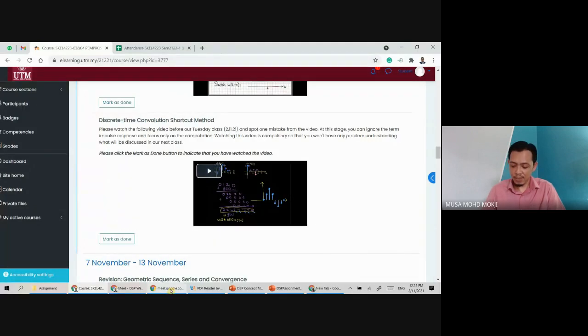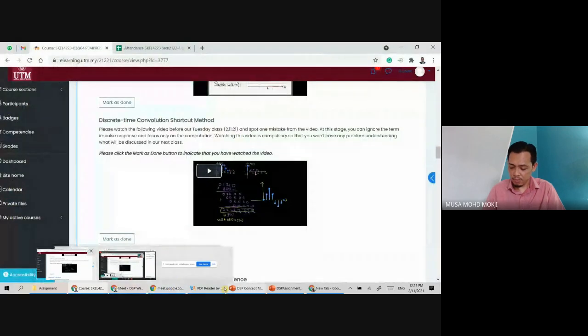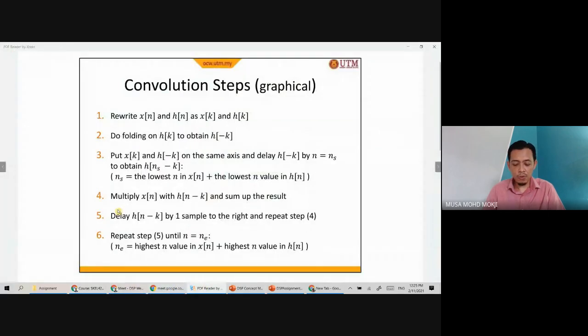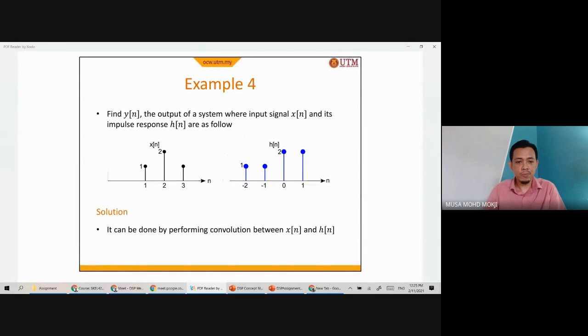In a test, exam, or whatever assignment that you have, you can use that. It doesn't need to follow these 6 steps because they are a very detailed description of how the convolution is done.